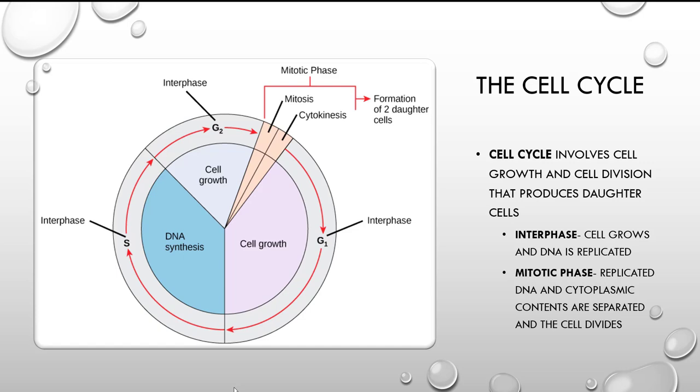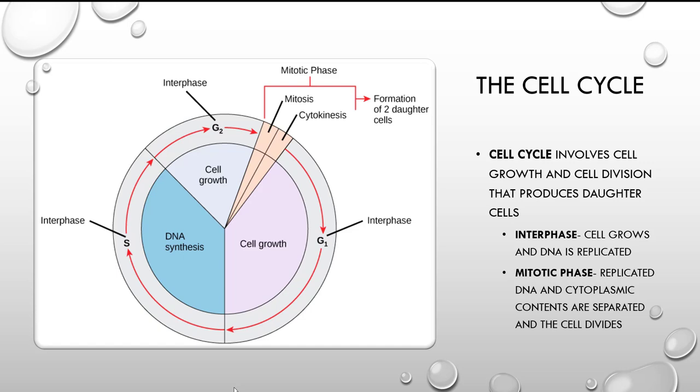But we're more focused on the DNA part. A lot of students forget that the cell is growing, and during the cell growth time is when it's making more mitochondria and Golgi apparatus and things like that.